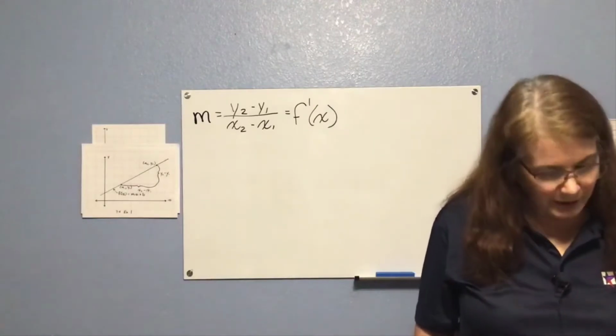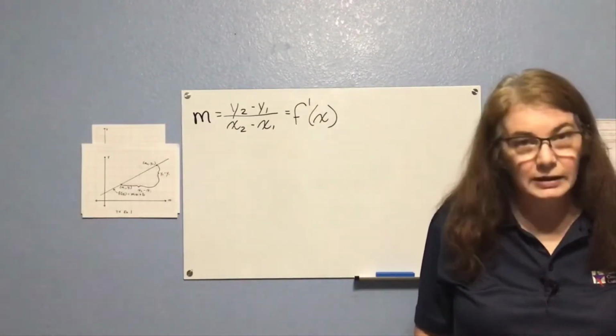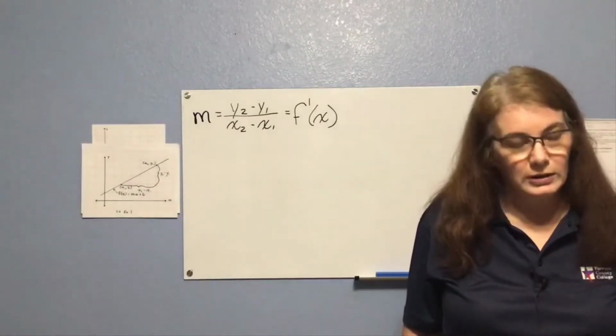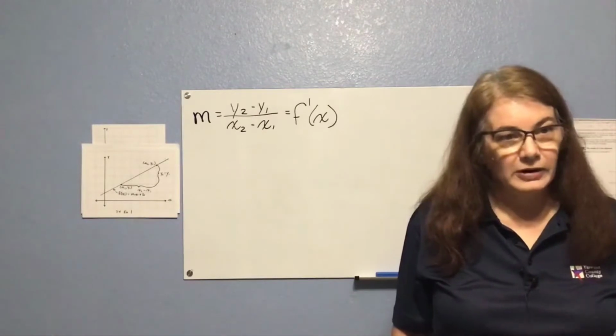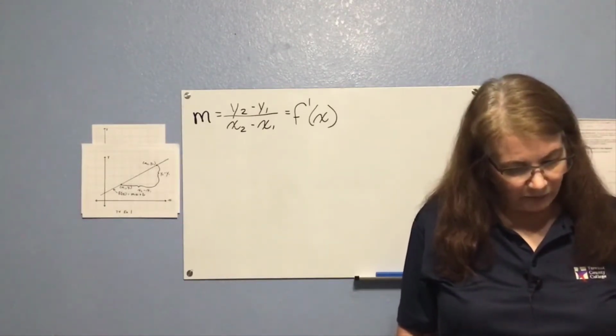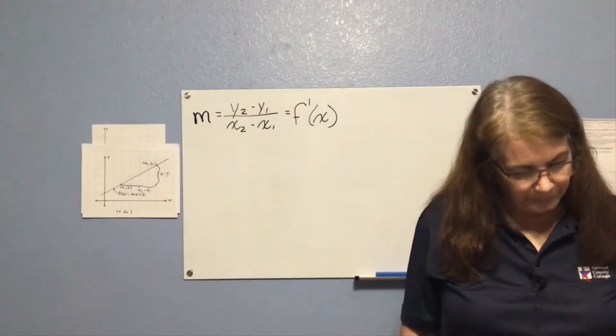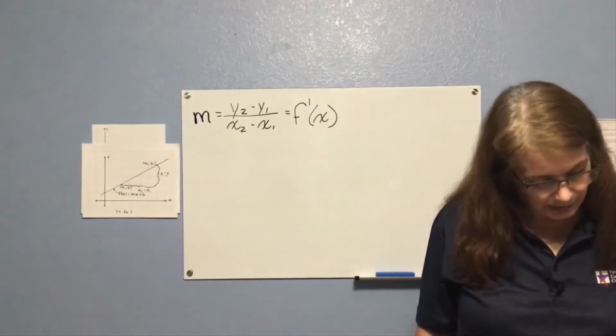You need to go in your equation booklet. And they give you the equations for finding the arc length of a function with respect to x and also a function of y. So make sure you get both of those into your notes.